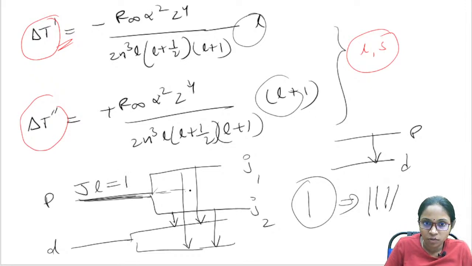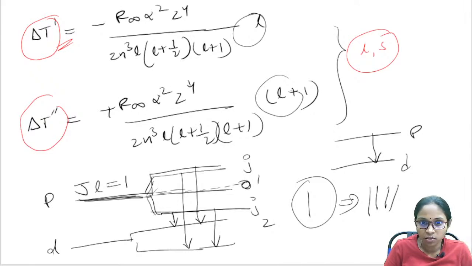Initially, without any fine splitting of the spectrum, this is the p orbit energy level, and because of the spin orbit interaction, this level is split into two energy levels. One is shifted in the upward direction and the other towards the downward direction, and the distance will be L, and here this will be L plus 1.